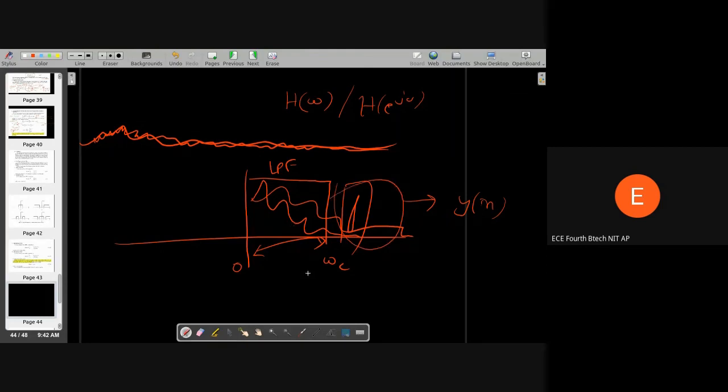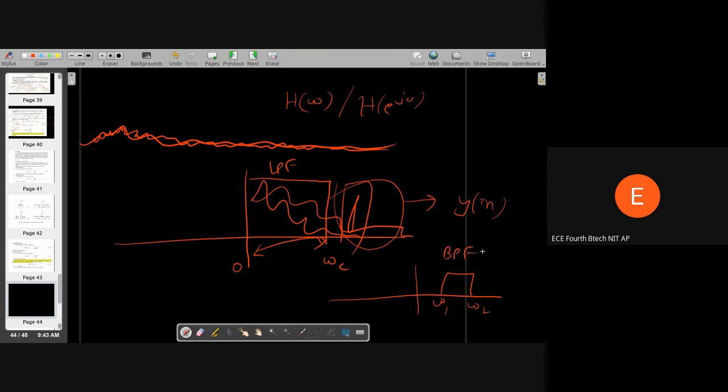Now there could be other cases where there is important information only in a particular range of the frequency spectrum. In that case, you might want to filter the signal in a particular range. This is called a band pass filter.